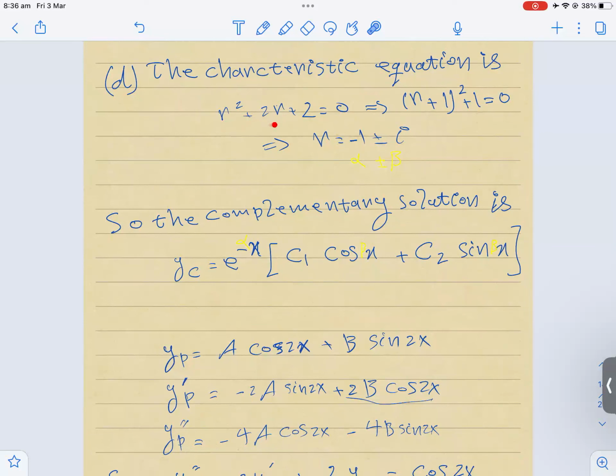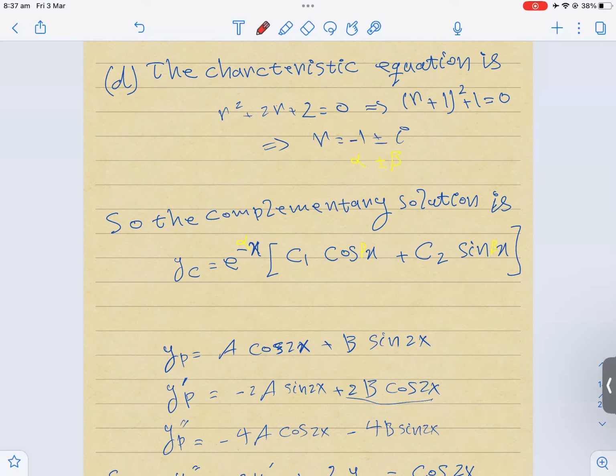Characteristic equation: r squared plus 2r plus 2 equals 0. By this technique, I can get r equal to -1 plus minus i. So let's say -1 is alpha and this one is beta i.